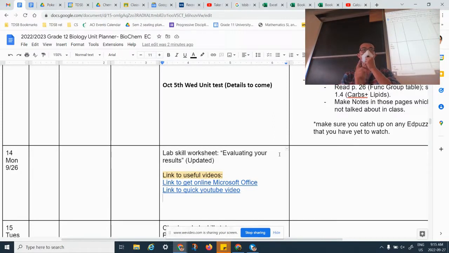So the reason why we need to do data processing in biology is that, compared to chemistry and physics, we deal with variation. We deal with a vast amount of variation. For example, if you look at this class, this is a grade 12 class, so I'm assuming a lot of you are 16, 17.